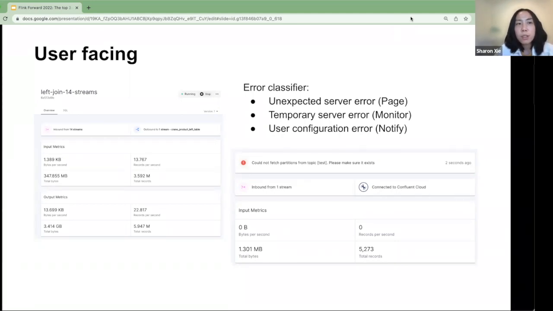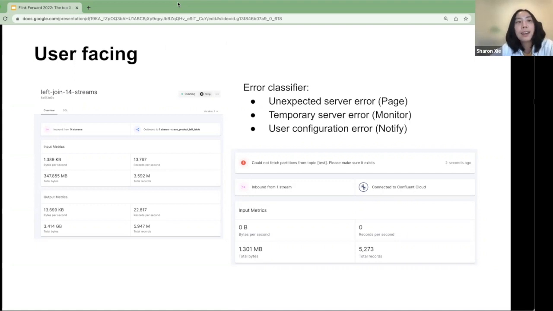The biggest challenge for user-facing observability for us is actually providing good error messages. Flink, as I said, is very verbose. So dumping all the error stacks to the users is definitely not a good idea. And of course, there are sometimes when those errors are not a user fault.